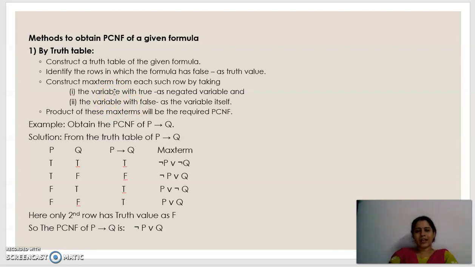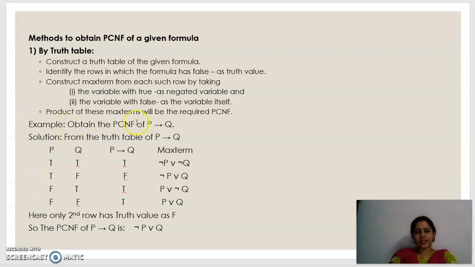Suppose a variable has the true value, then take the negation of that, meaning false. Suppose a variable has the false value, then take the reverse, meaning true. Then apply the max terms. And the last step is that the product of these max terms will be the required PCNF.